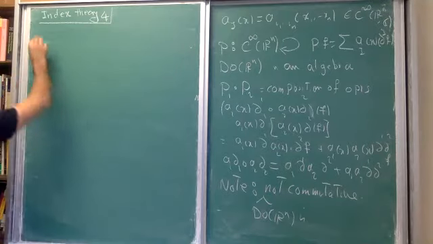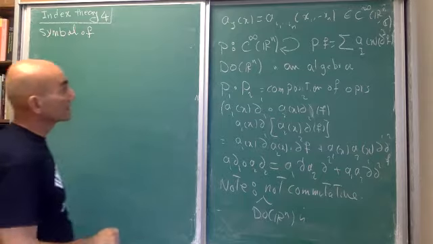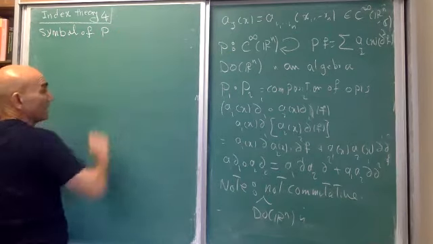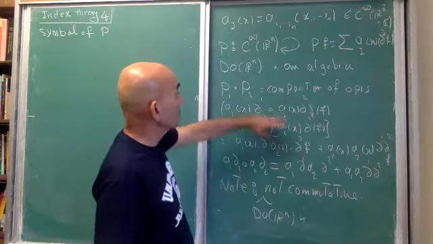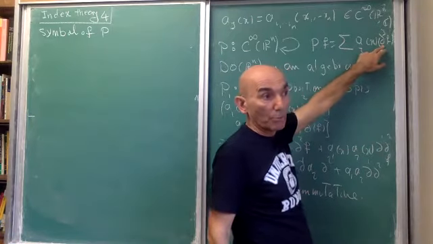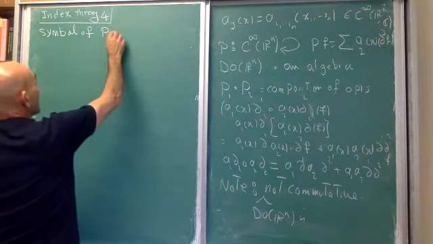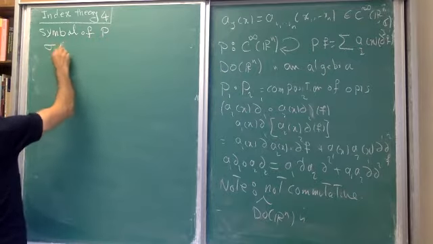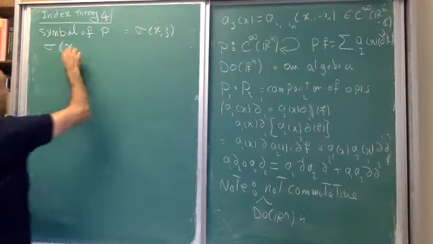So let me write the symbol of this differential operator P. It's going to be a function of 2n variables. You basically replace these D_i by minus i xi_i. So this is the symbol of P.